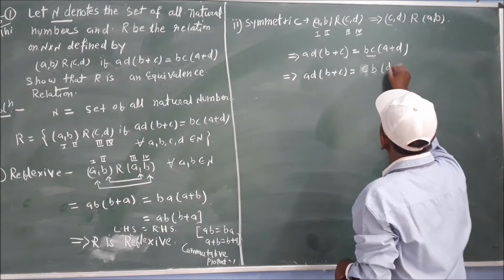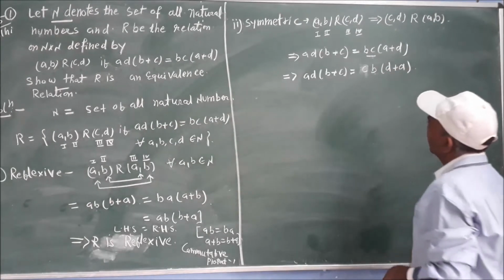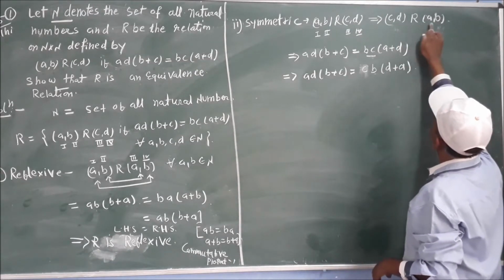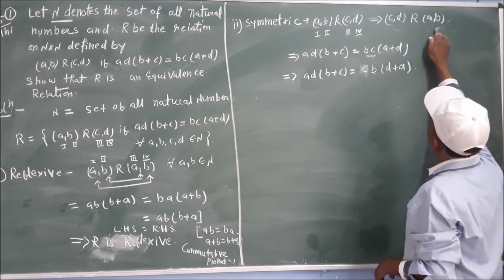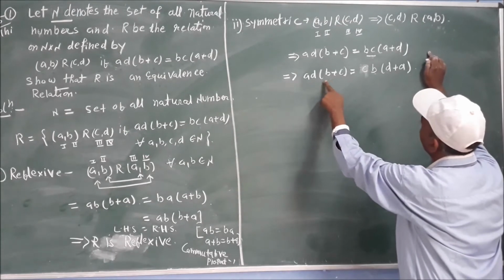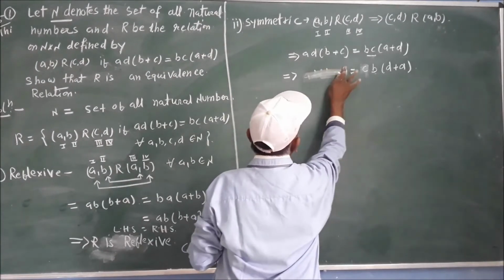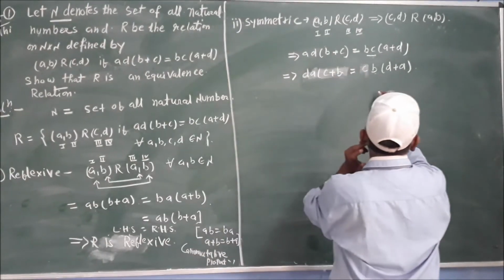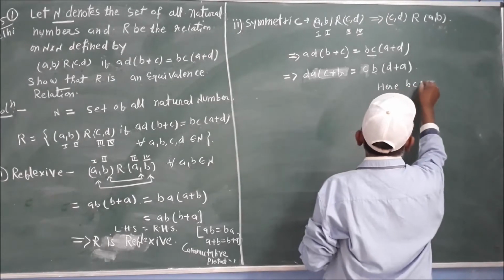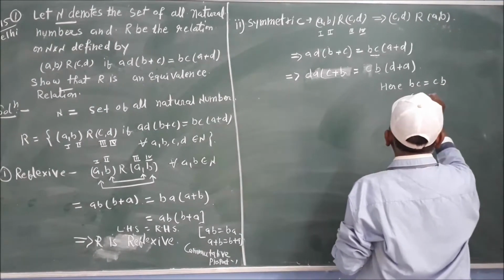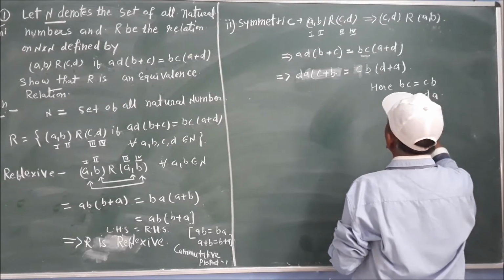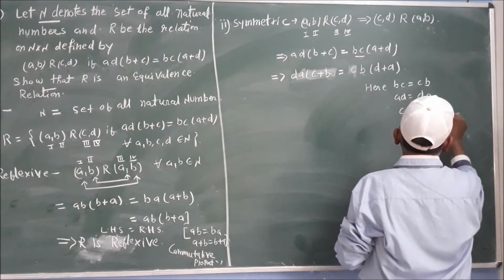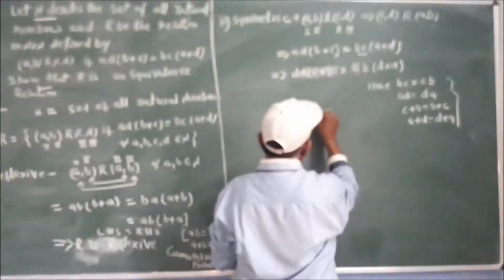And this A plus D can be written as D plus A. So if you solve this, this will be equal to BC into (D + A) is equal to AD into (D + A), and this can also be written as DA into (C + B). Because here BC is equal to CB, AD is equal to DA, C plus B is equal to B plus C, and A plus D is equal to D plus A. These all hold the commutative property.